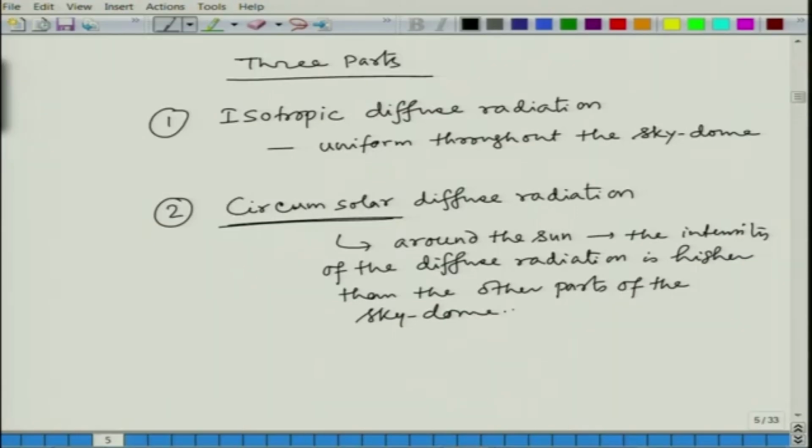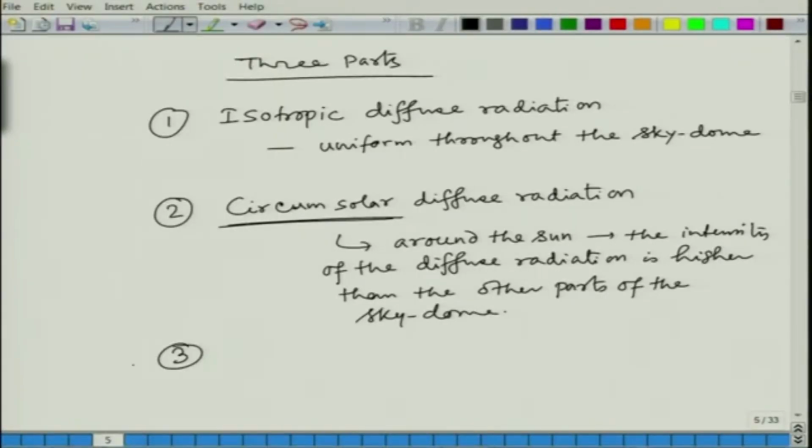Haven't you seen that whatever location the sun is, if you shade the direct radiation, the amount of diffuse radiation you will get is much more compared to from the other directions? Because the scattering that the direct radiation goes through is maximum in the circumsolar direction, and the amount will be maximum because it comes along with the direct radiation.